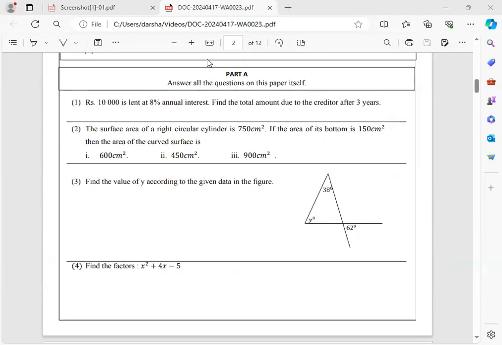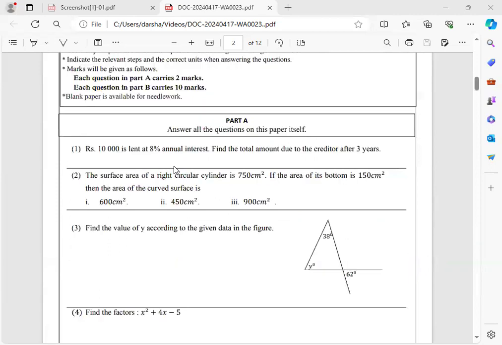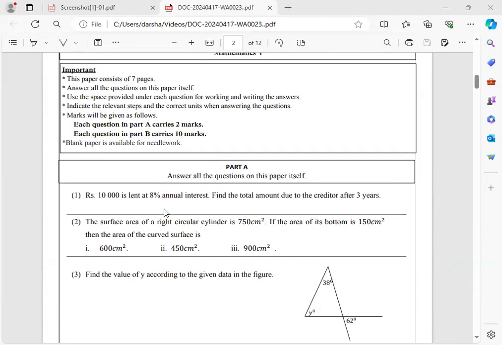The first question: Rs 10,000 is lent at 8% annual interest. Find the total amount due to the creditor after 3 years. Annual interest means per year. What is the meaning of 8% annual interest? Let's say you are taking a loan of 100 rupees.